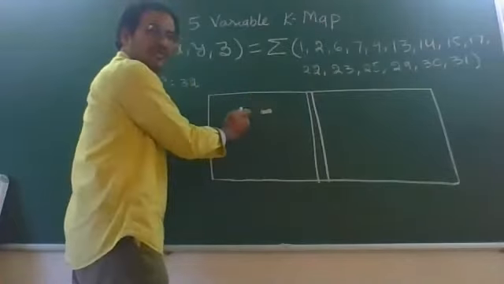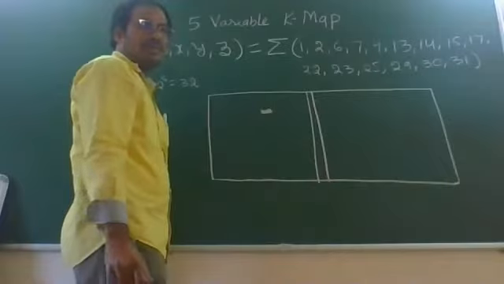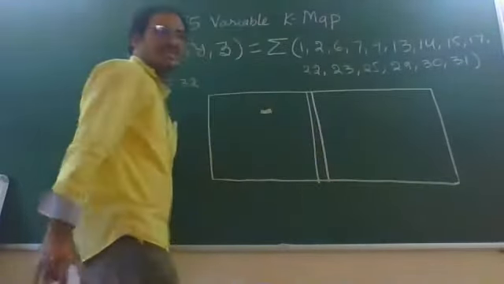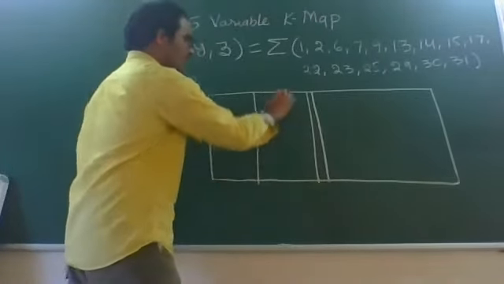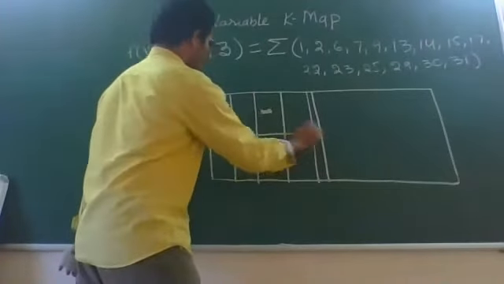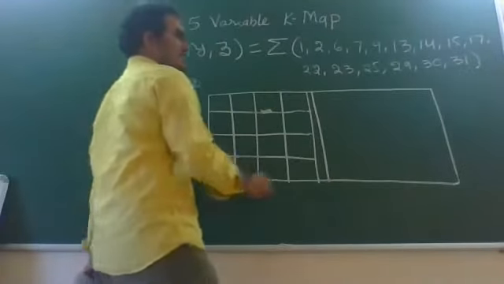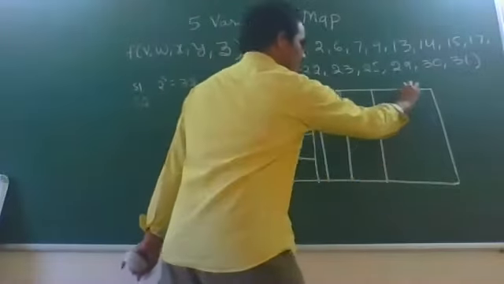This is one 4 variable K-map and this is another 4 variable K-map. This consists of 16 cells and this consists of 16 cells, that is equal to 32 cells.